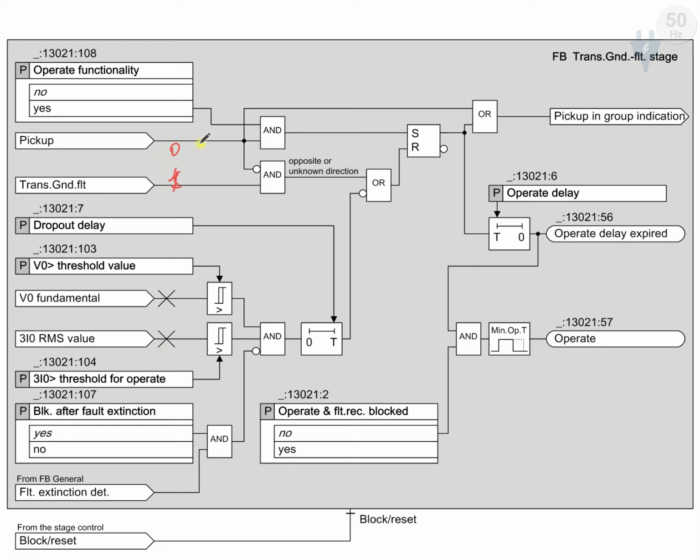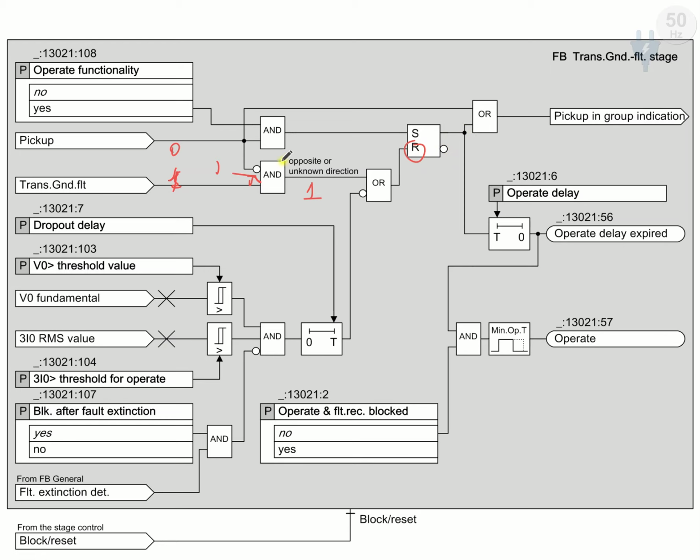And we know here it is inverted. It means the pickup is inverted, so the other input to the AND is also 1. 1 and 1, the output becomes 1. And it goes to the R terminal of the SR latch, so it resets.